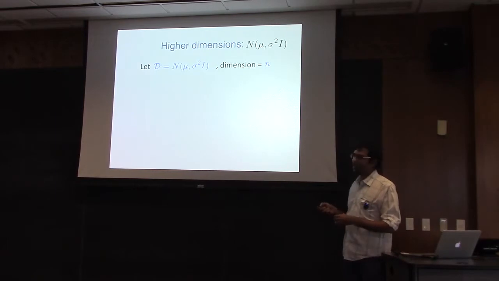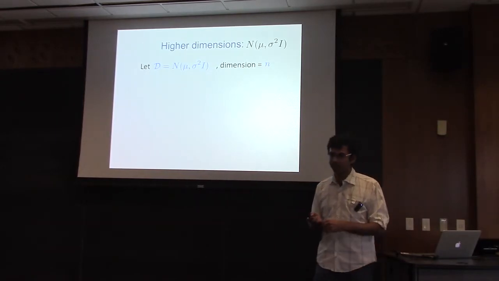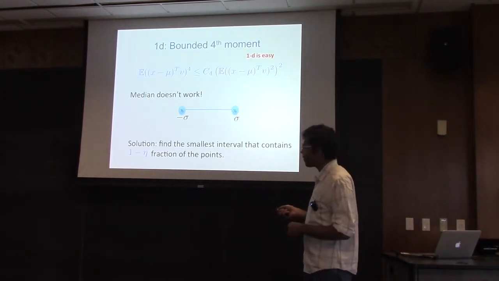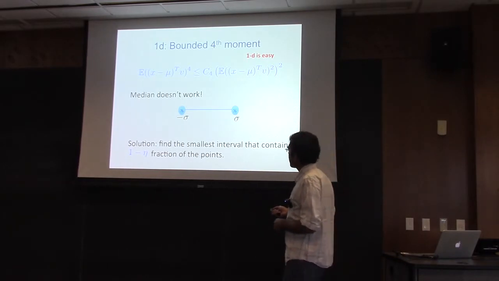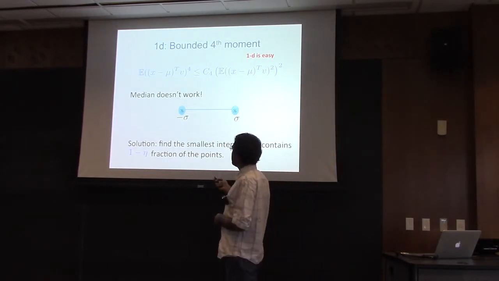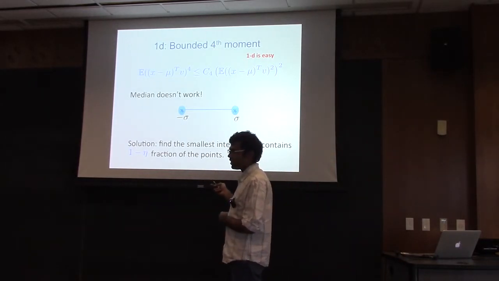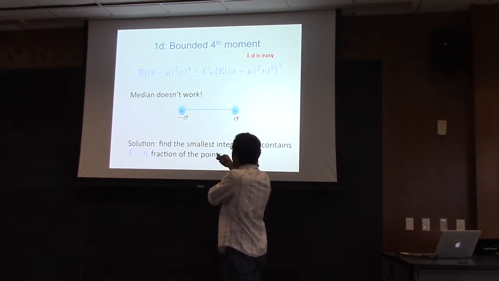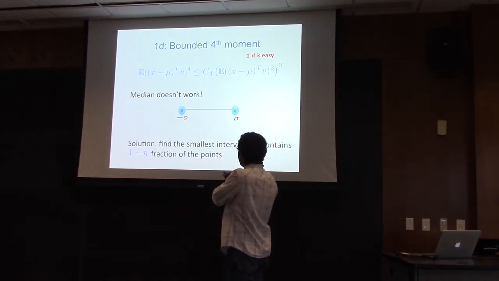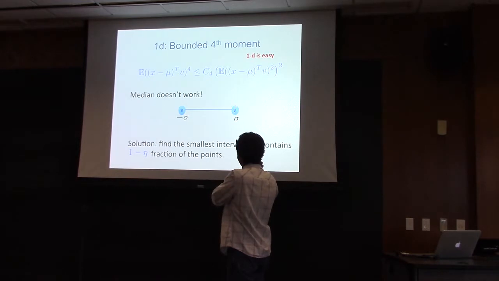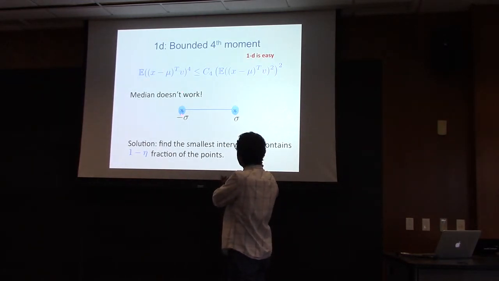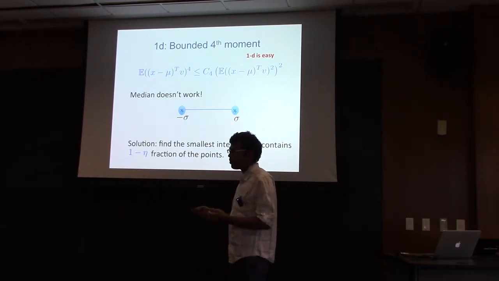Okay, so let's go back to the normal distribution, but higher dimensions. So what happens in that case when you do that? 1 minus eta fraction of the points. If you want to capture this, you'll consider the sample mean of essentially all the points.